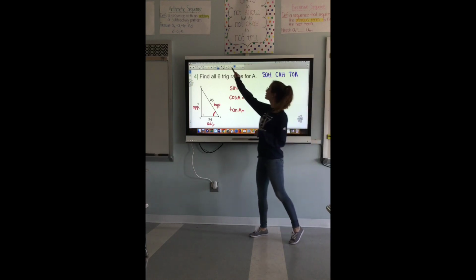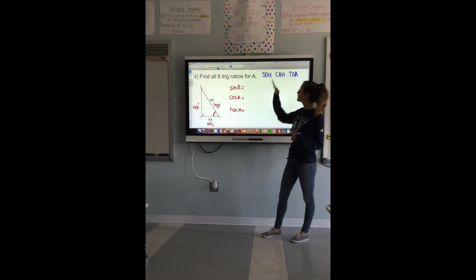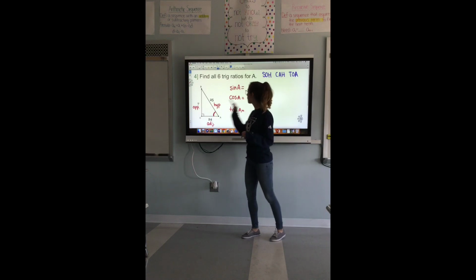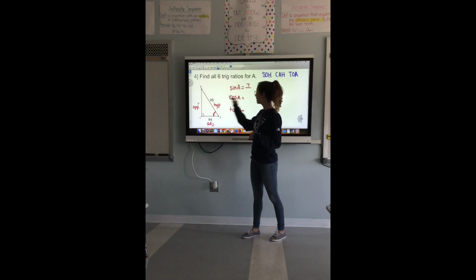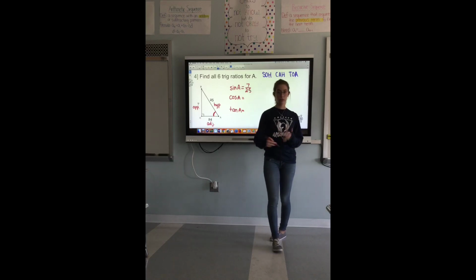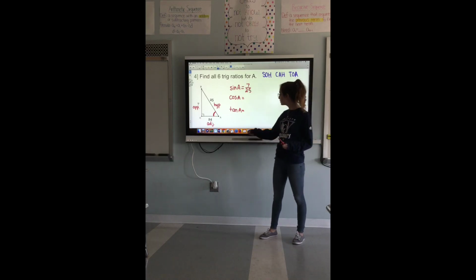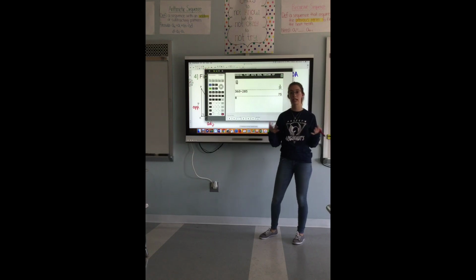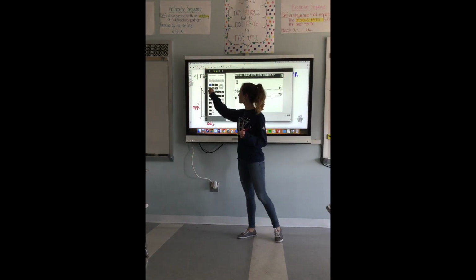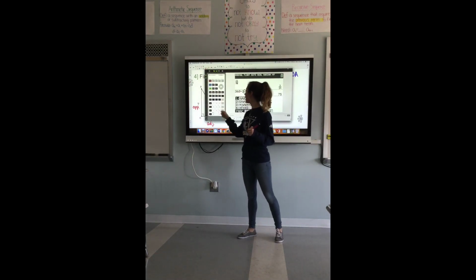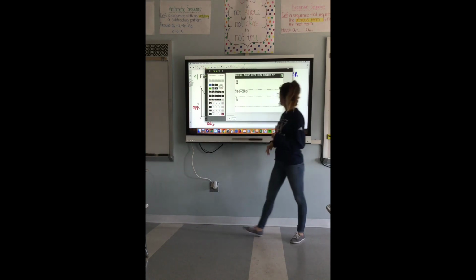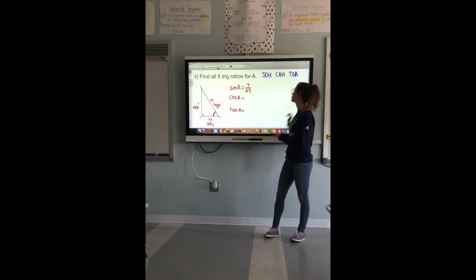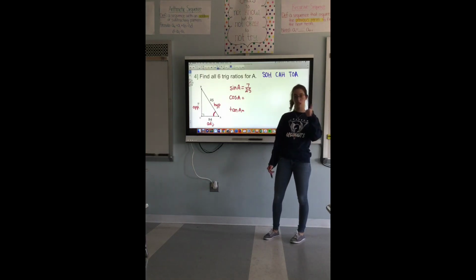So sine is equal to opposite over hypotenuse. The opposite was 7. The hypotenuse was 25. You should always see if you can simplify it at all. If you have trouble looking at it and simplifying it that way, go to your calculator, alpha, y equals 7 over 25. And it stays the same, so that means you can't simplify it. So sine of A is good.